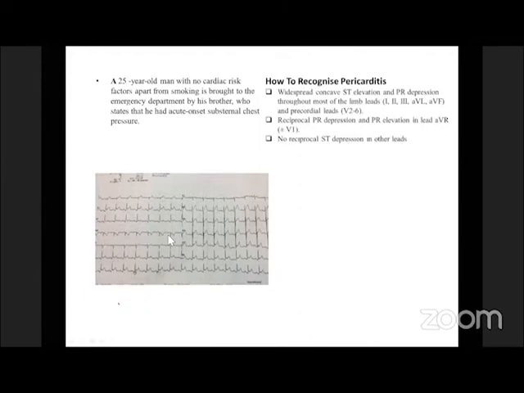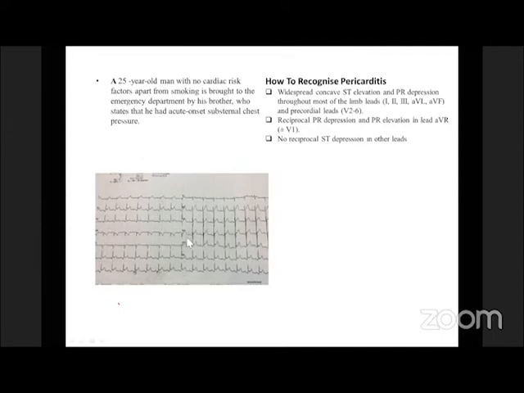How to recognize pericarditis? When there is widespread concave ST elevation and PR segment depression throughout most of the leads, and there is reciprocal PR elevation in lead aVR, PR elevation in aVR and PR depression in all other leads. And there is no reciprocal ST segment depression in other leads. Later on, I will discuss what is reciprocal change.